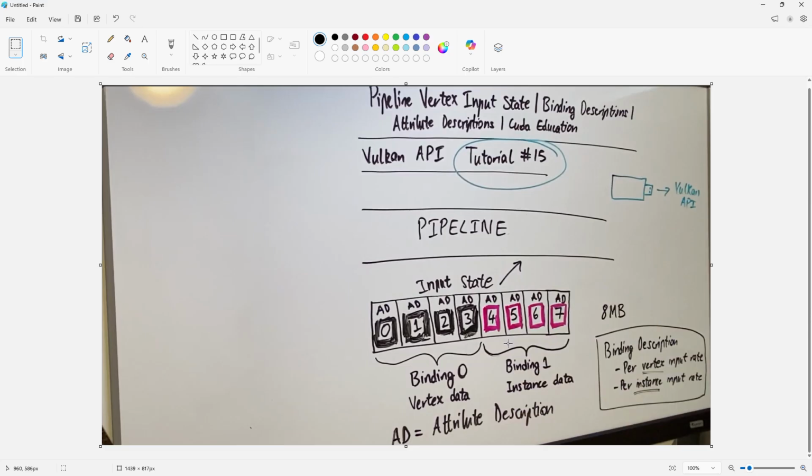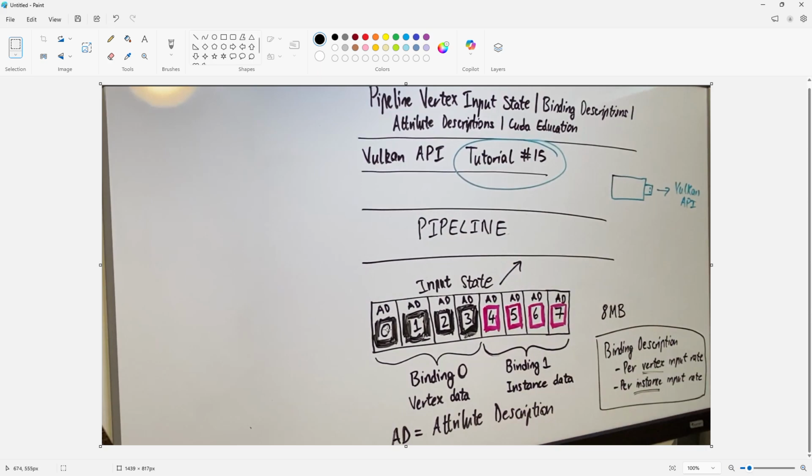Now, inside of each of these megabytes, individually, we have more descriptive information. So we have a thing called attribute description. Okay? So in each one of these megabytes, we have specific information as it relates to that specific megabyte, right?